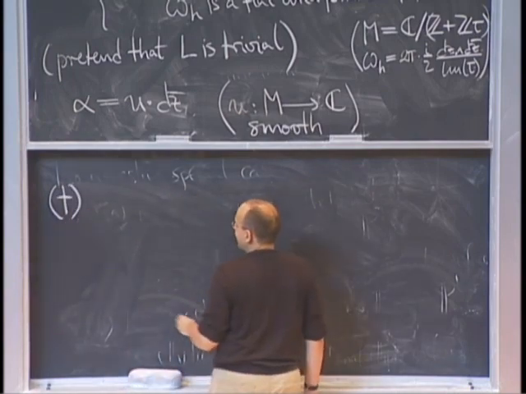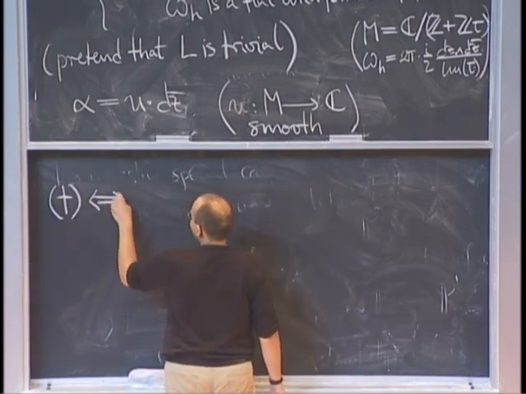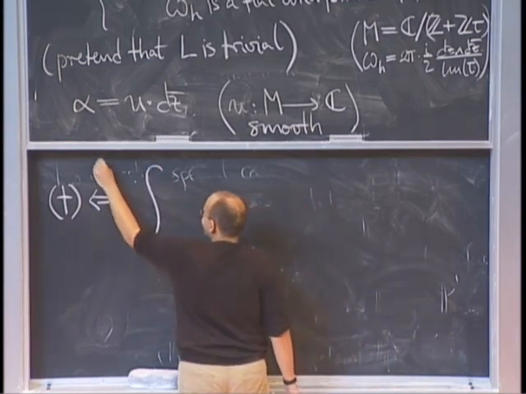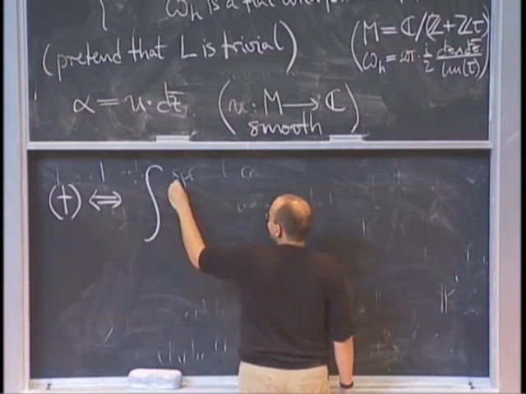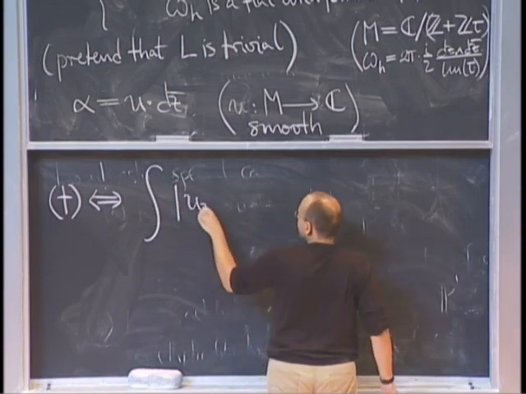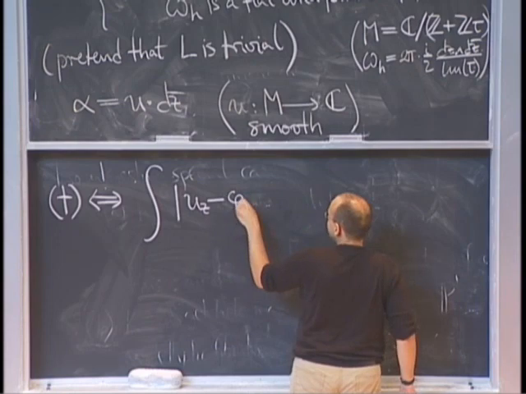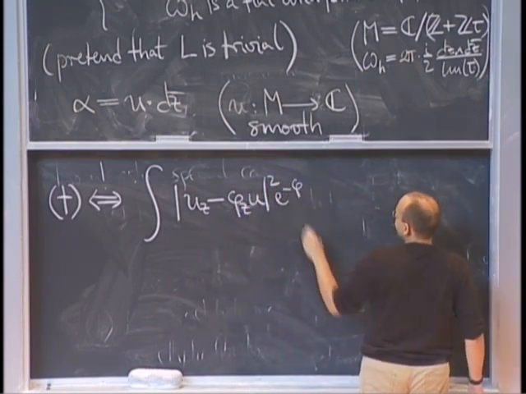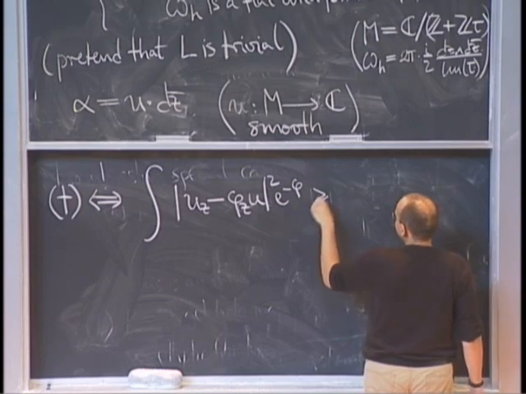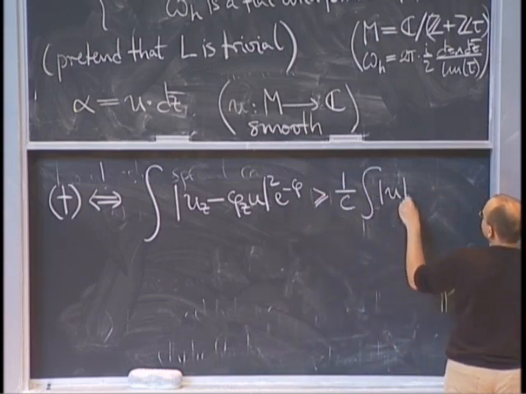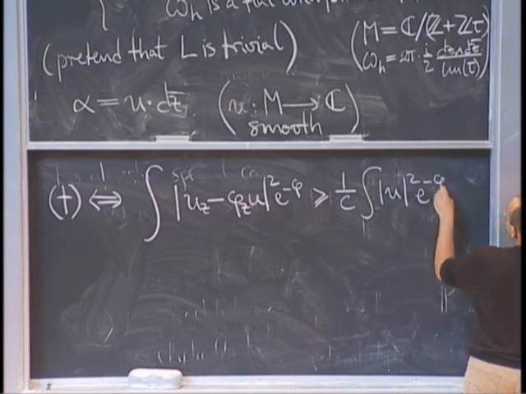This inequality dagger actually just becomes the following. It's going to be part of your homework. The integral of |u_z̄ − φ_c u|² e^{−φ} is bigger or equal than a constant times the integral of |u|² e^{−φ}.